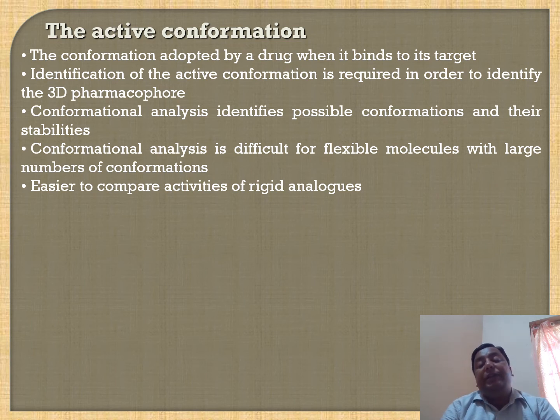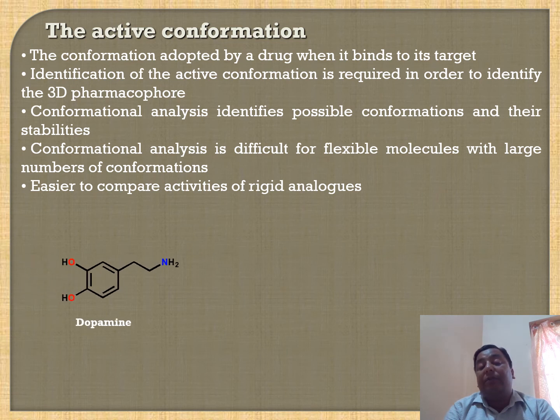So why is rigid binding less complex than flexible binding and its conformation analysis? Because it is easier to compare the activities of rigid analogs, like dopamine. One example is dopamine, right?